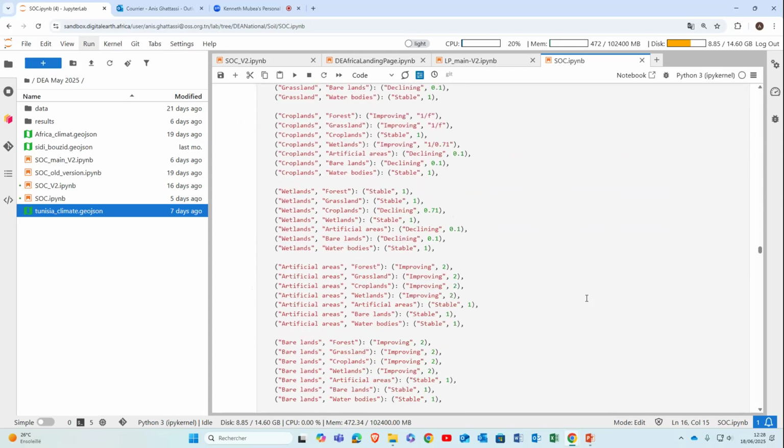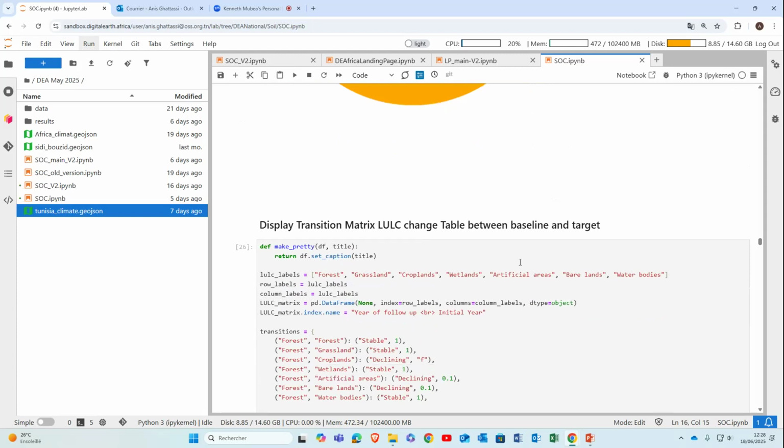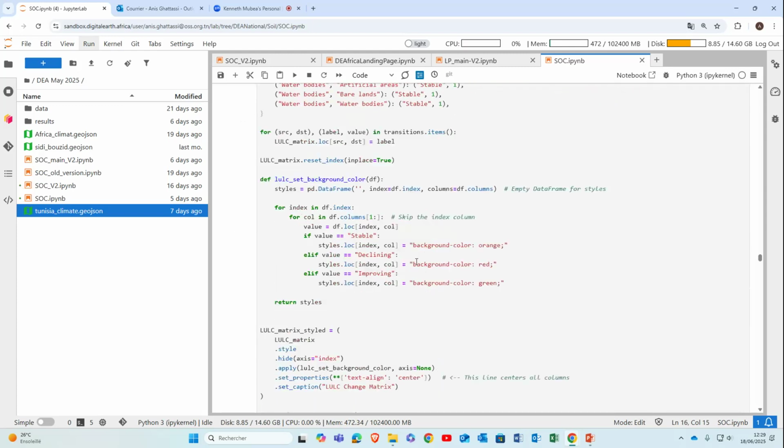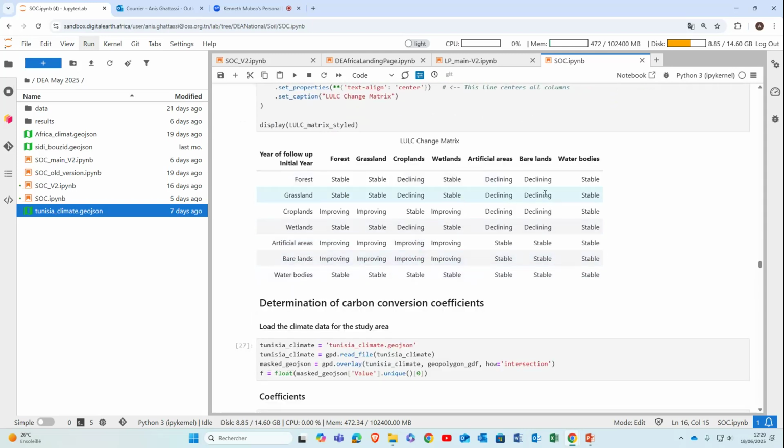After that, we built a transition matrix to show the land cover changes between the baseline and the target periods. This matrix will help give an idea about the changes, as you can see, translating the changes between different land use land cover classes.